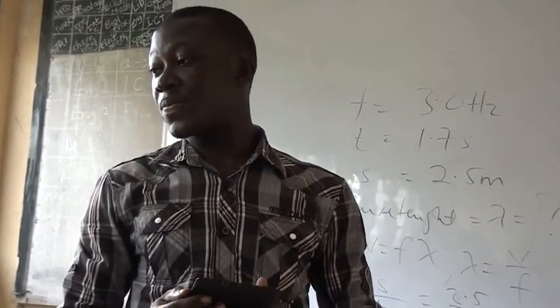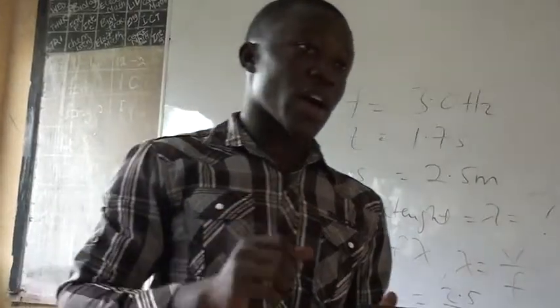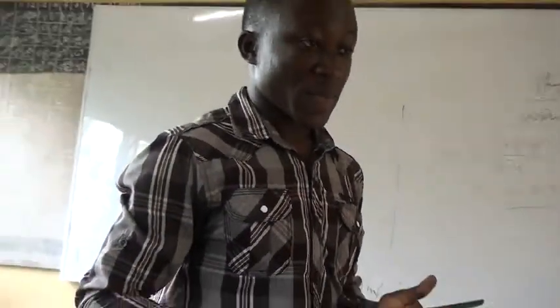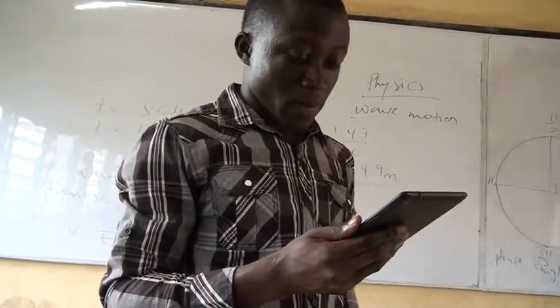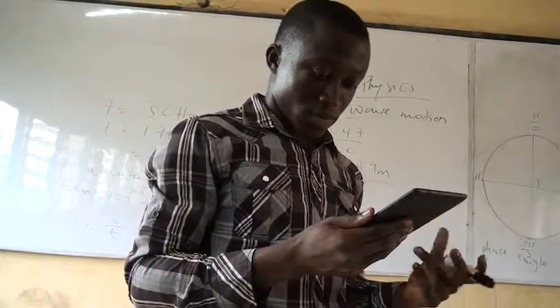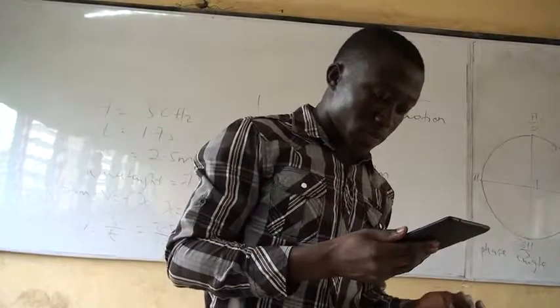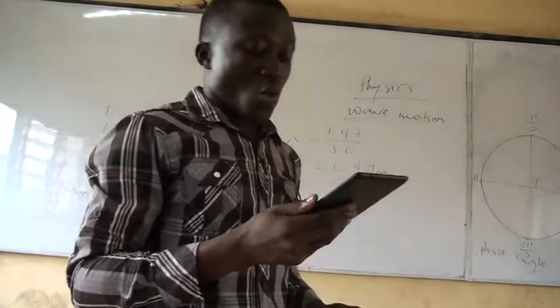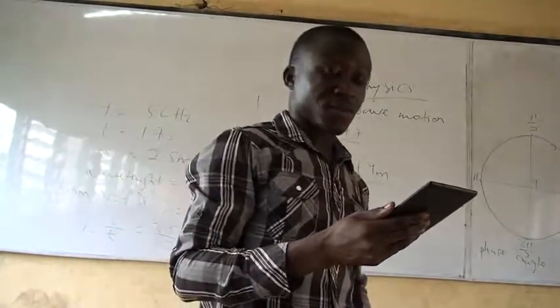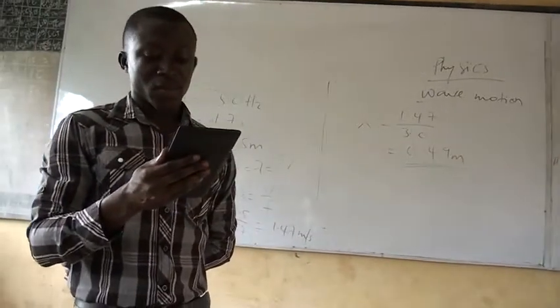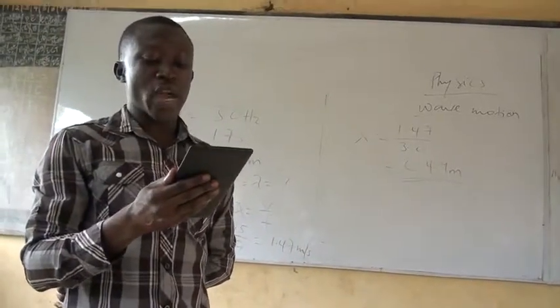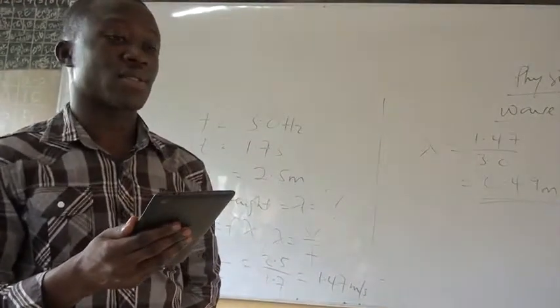Is it clear there? Let me give you one for you to try, then we can end the lesson. So write this final question down. What is the wavelength of a wave which has a frequency of 5.45 times 10 to the power negative 7 hertz?